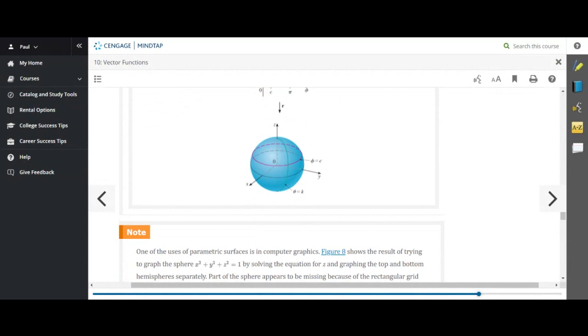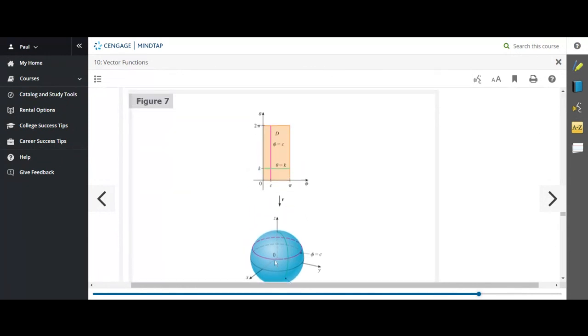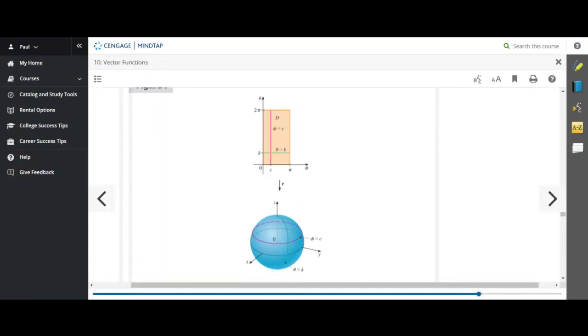We would trace out a sphere. And actually, in the picture here, they're always talking about these grid lines. In Figure 7, let me see if I can move that up just a little bit here.